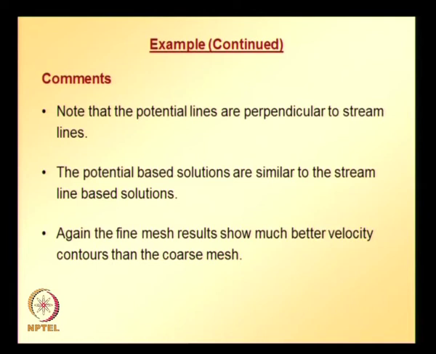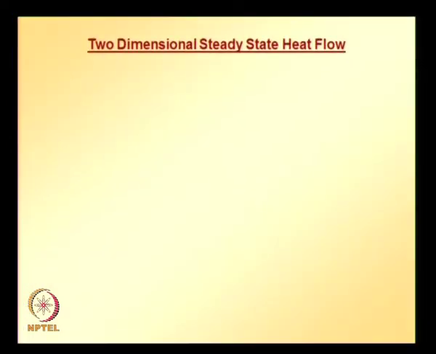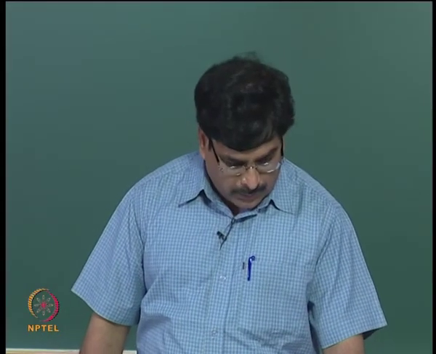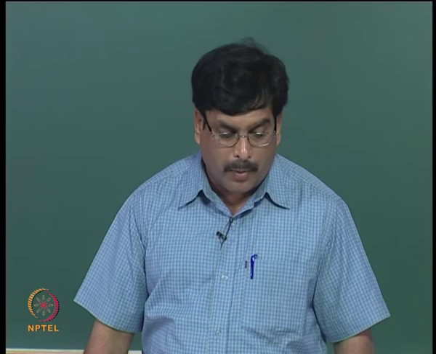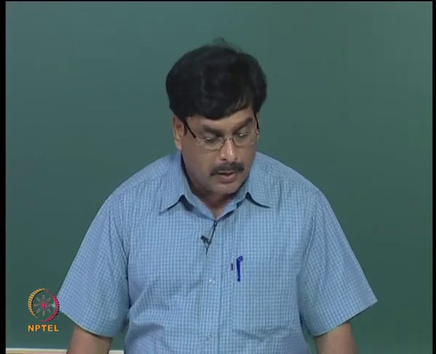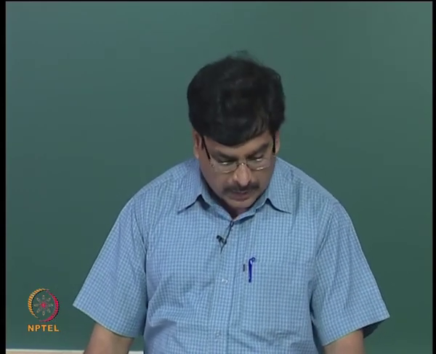So, now let us look at other application, that is 2-dimensional steady state heat flow. As usual, only thing is we require to know what is the governing differential equation and what are the boundary conditions, so that we can make a comparison with general 2-dimensional boundary value problem, identify the coefficients and get the finite element equations. So, consider the problem of finding temperature distribution through long chimney like structures.